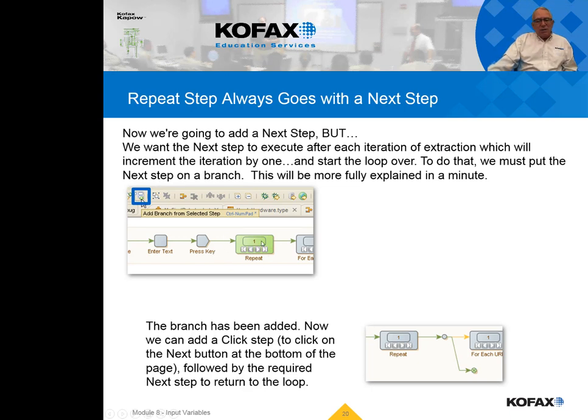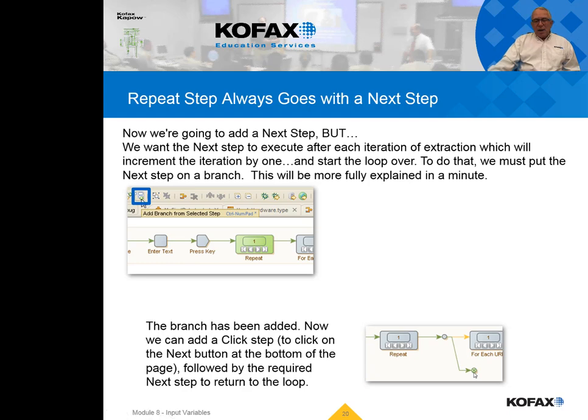With the repeat loop selected, there is a button on the toolbar that will create a branch immediately after the step selected. It branches down from it. So by clicking on that button, I get a branch down that shows up like this. There's nothing on it other than another end step, but that's it.